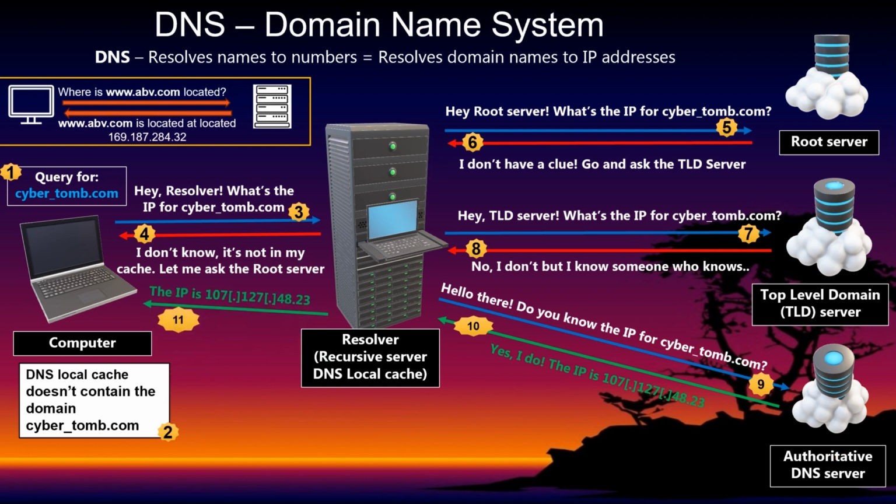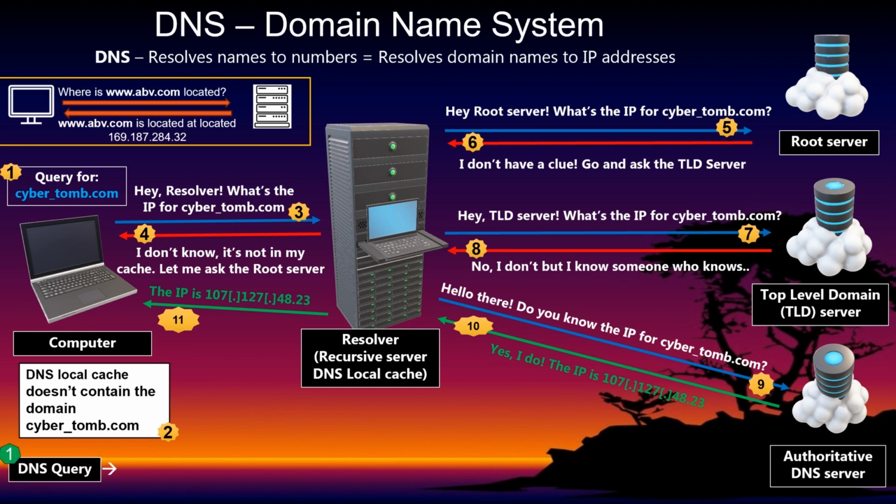And that's how it works. It's not as simple as that. Of course, if the answer is already cached, it will just go back and respond with the IP address. And all of this actually happens within a few seconds. Can you imagine, there is a huge amount of information here, and everything happens in a few seconds.